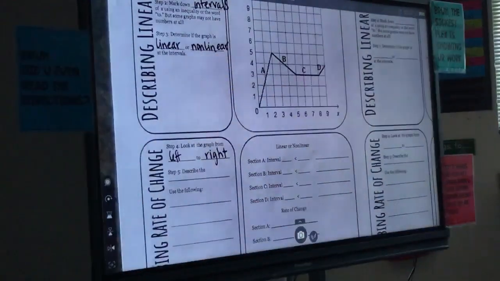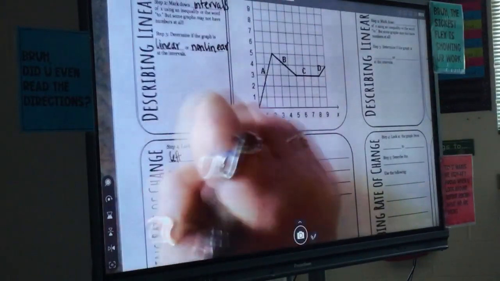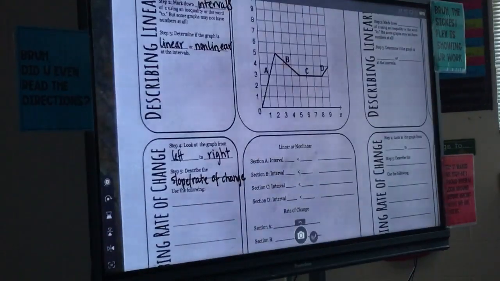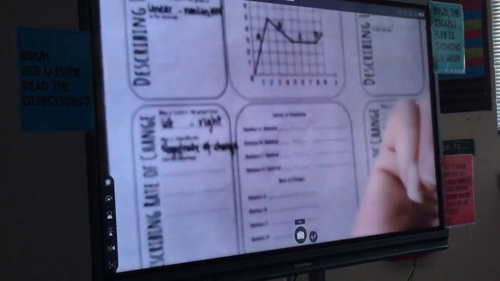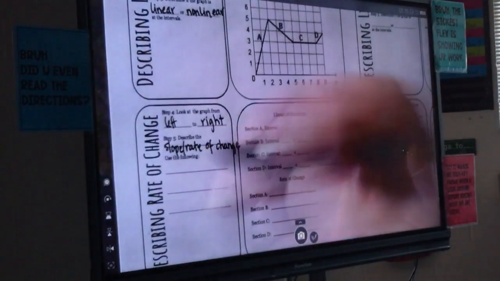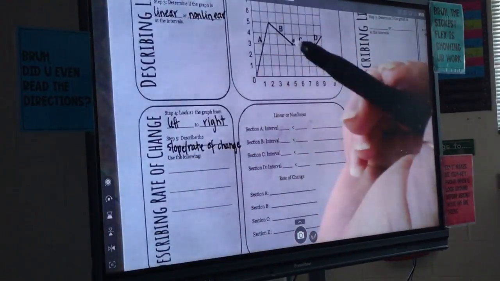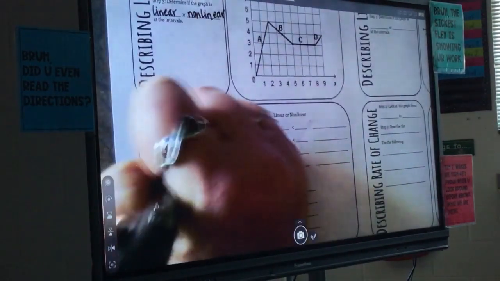And we're describing the what? And which words are we using to describe the slope or rate of change? Cam? Nope. What 3 words are we using to describe the slope? Look on the front side. Increasing, decreasing, and constant. Yep.